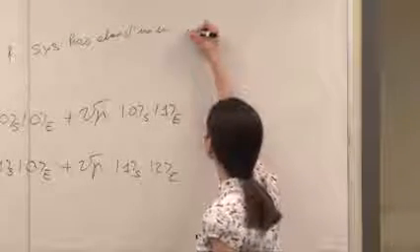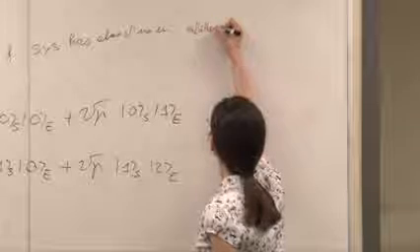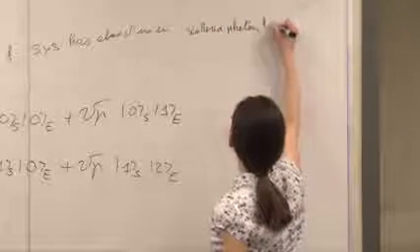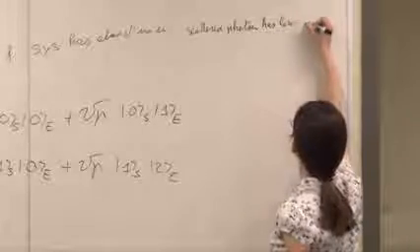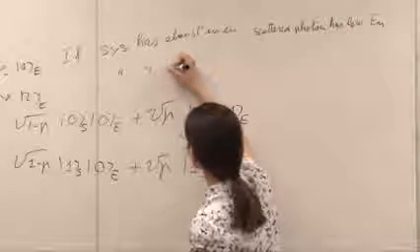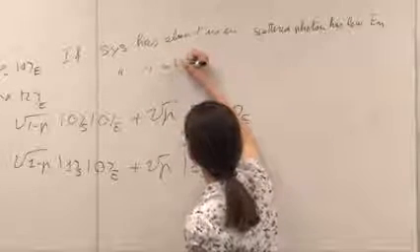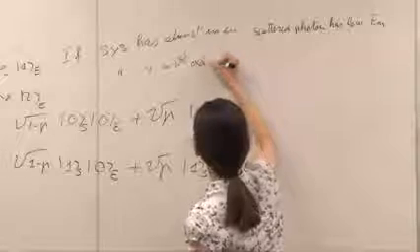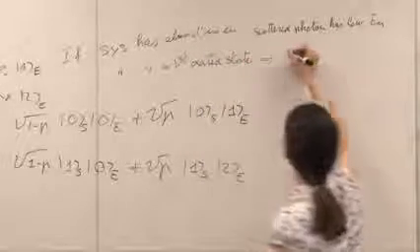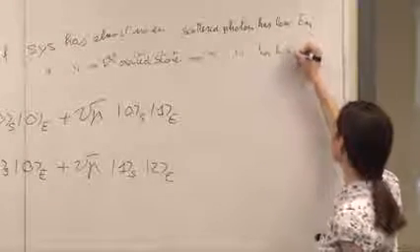So it scatters the photon as low energy. If instead the system is in the fourth excited state, then the scattered photon has higher energy.